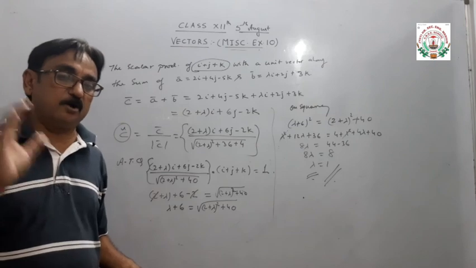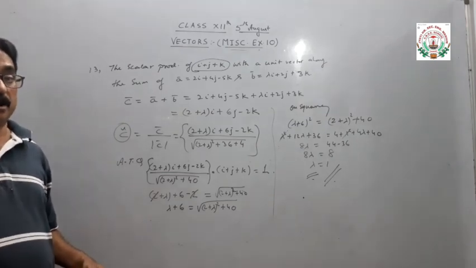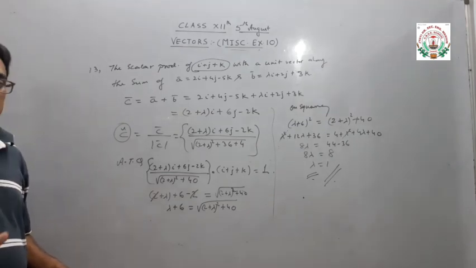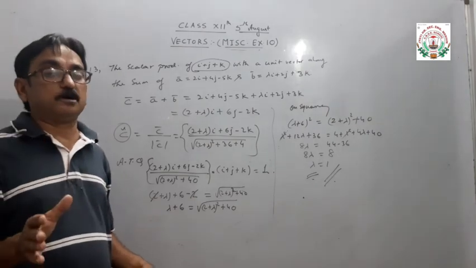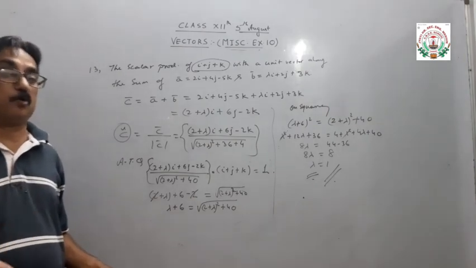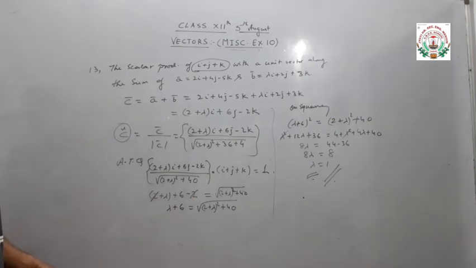You have to write down all the concepts, definitions and formulas I have given in your fair notebook and learn them by heart, and then only you will be able to understand the problems which I am going to explain in the next class.